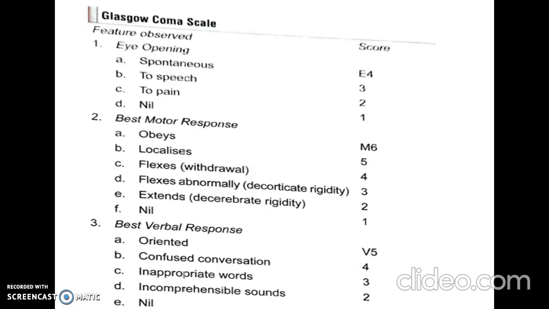Suppose he is using inappropriate words during conversation, then 3 will be given. If he produces incomprehensible sounds, unable to speak words, then 2 will be given, and no response means nil, which is given 1. So with this we will observe the patient, and scores will be given in 3 categories: eye, motor and verbal response.